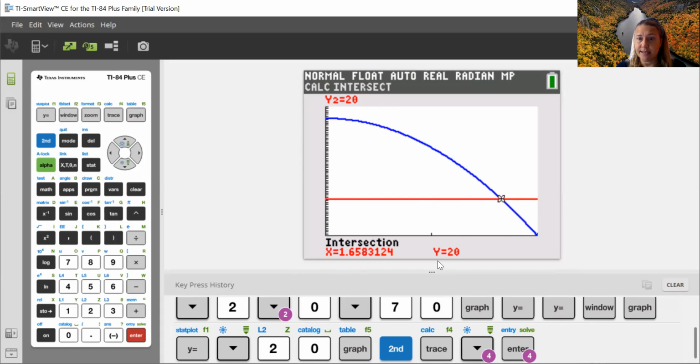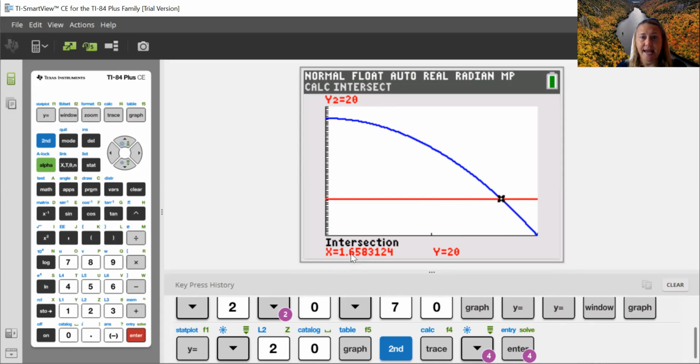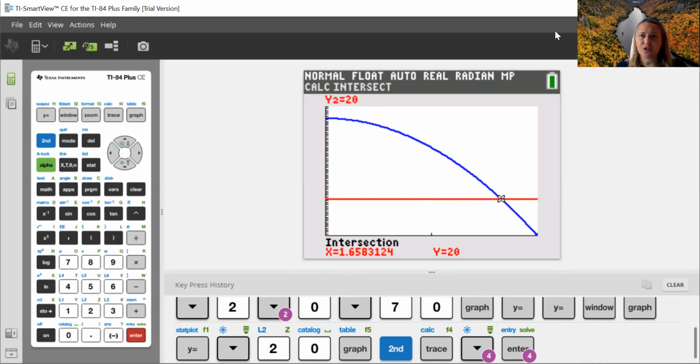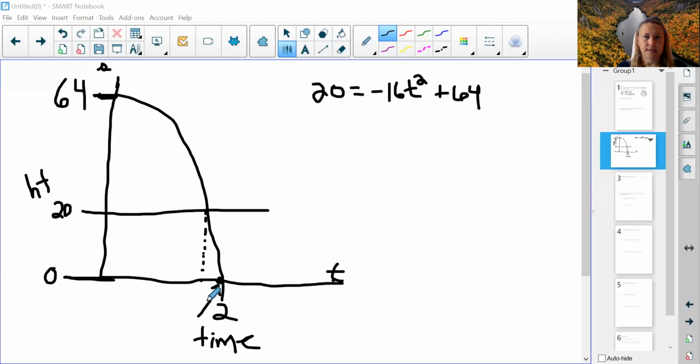Anyway, we see here the y value is 20, and that happens at approximately, let's call that 1.66 seconds. So the time here was 1.66.